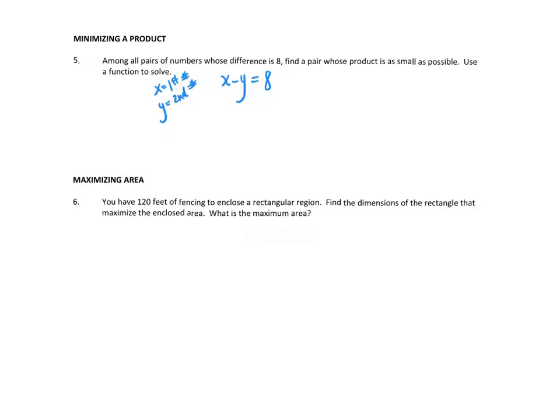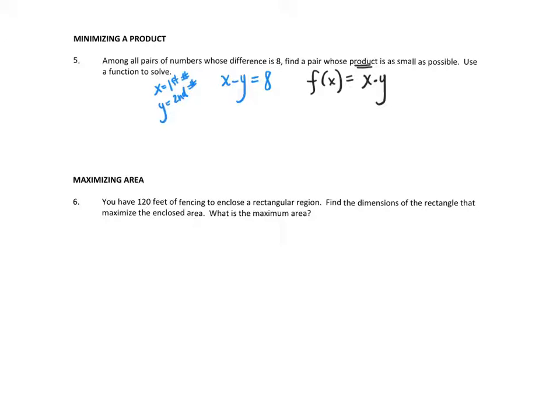Well, then when we keep going, it says find a pair whose product is as small as possible. So let's just say we had a function, because it tells us to use a function to solve. So say we started off f of x equals, we need the product. So we could say x times y.